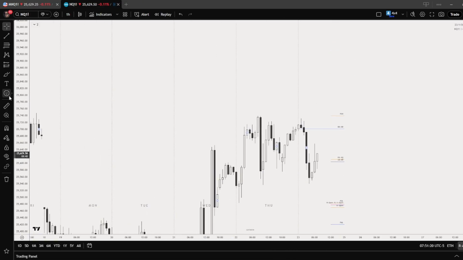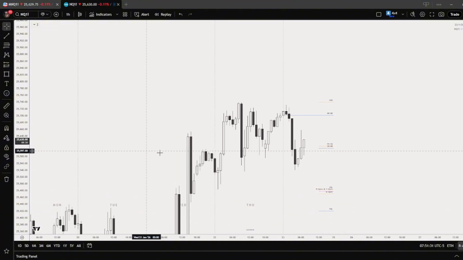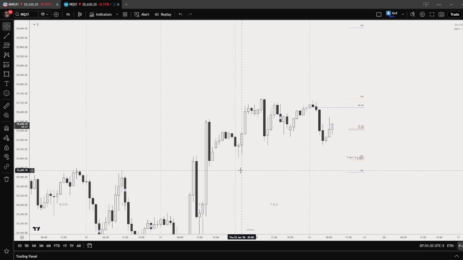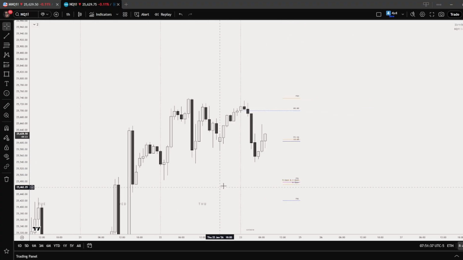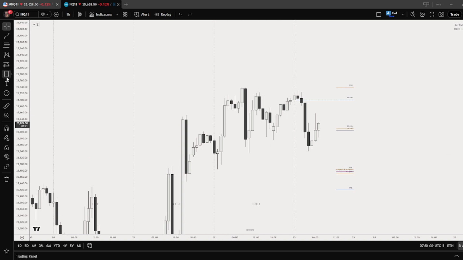But this lecture is not about teaching you how a fair value gap looks like, because you already know it. We're gonna cover the most crucial fair value gaps. For example, let's analyze first day price action. Take a look at this specific fair value gap.